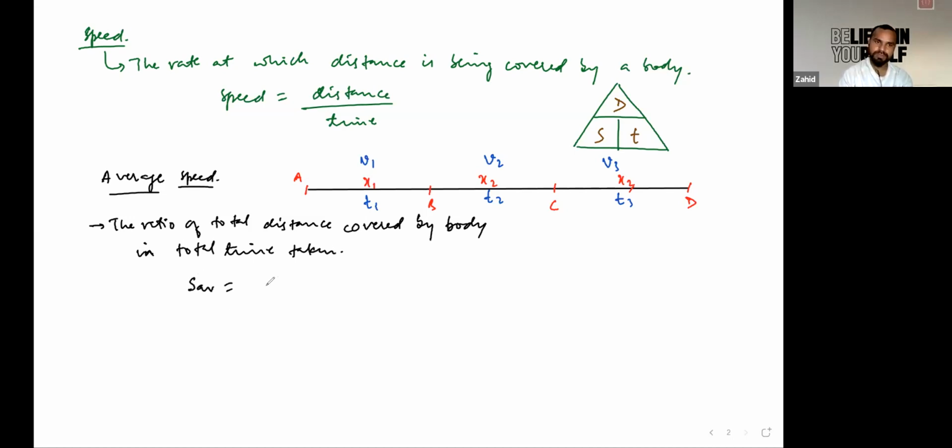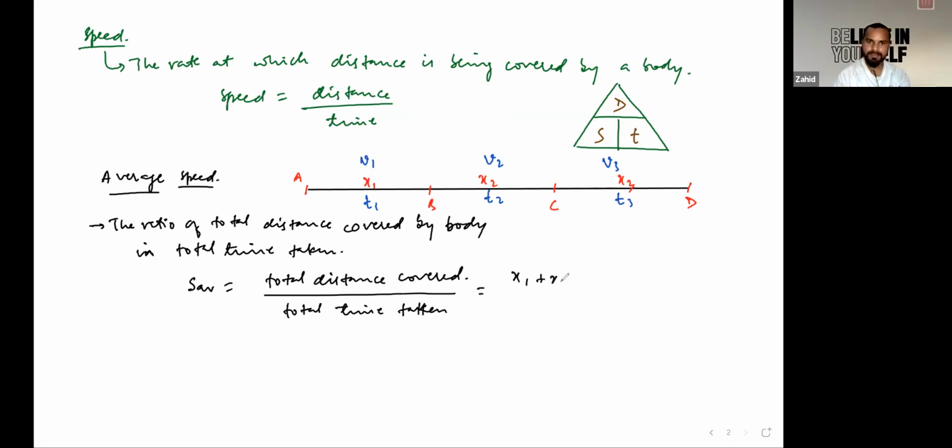So average speed is equal to total distance covered by total time taken. Total distance covered is x1 plus x2 and so on to xn, divided by total time taken, which is t1 plus t2 and so on to tn. So this will be the formula to calculate average speed.